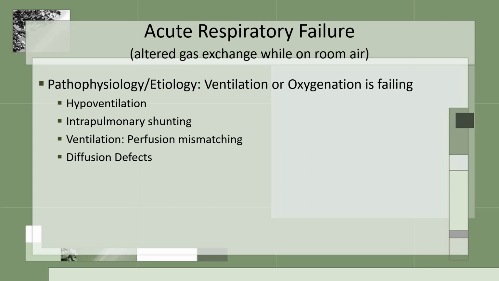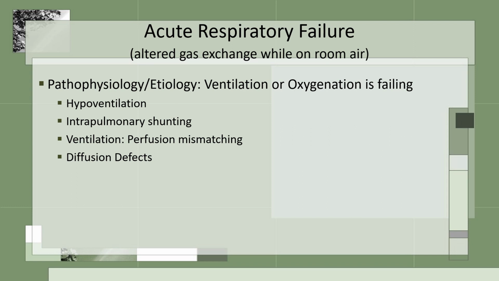The rate of ventilation is not equaling the rate of perfusion. This can be caused by secretions, which would cause the rate of ventilation to be less than the rate of perfusion, or a pulmonary embolism, which can cause the rate of ventilation to be greater than the rate of perfusion.